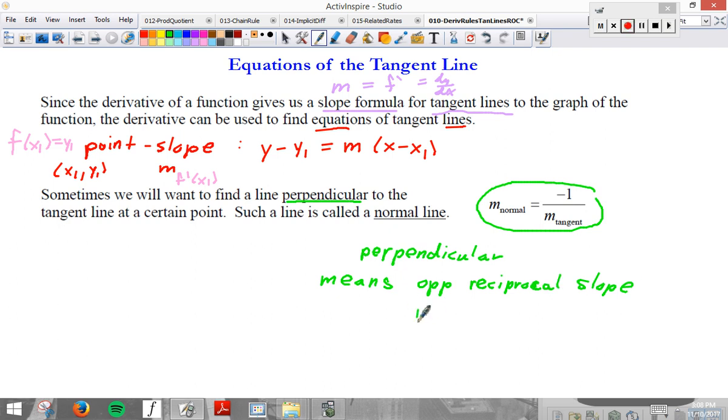So opposite, plus or minus, and reciprocal, we're rotating the fraction. Okay? Whenever you hear normal line, the slope is opposite reciprocal. That's it.